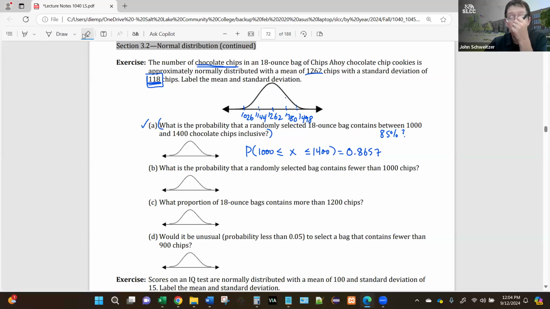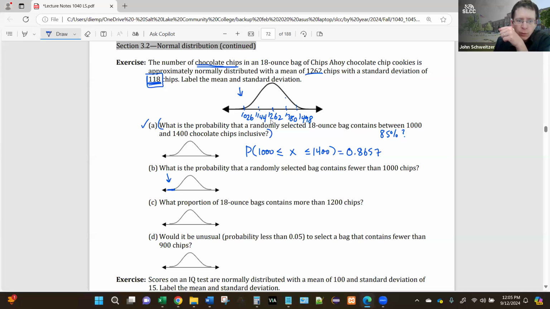Okay, so here it says, what is the probability that a randomly selected bag contains fewer than 1,000 chips? Well, look up here in my distribution. 1,026 is already way down in the left end of the distribution. 1,000 would be even further down there, right? So if you're shading that in, it would almost be imperceptible, right?